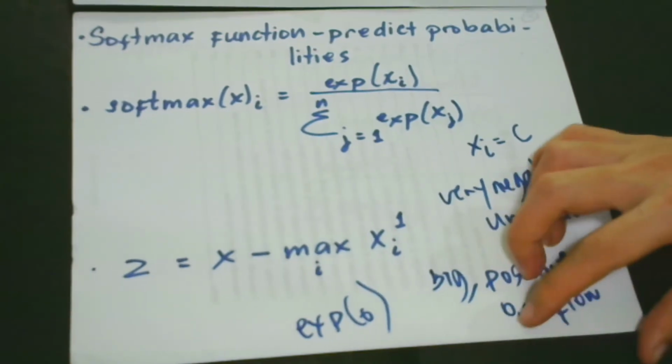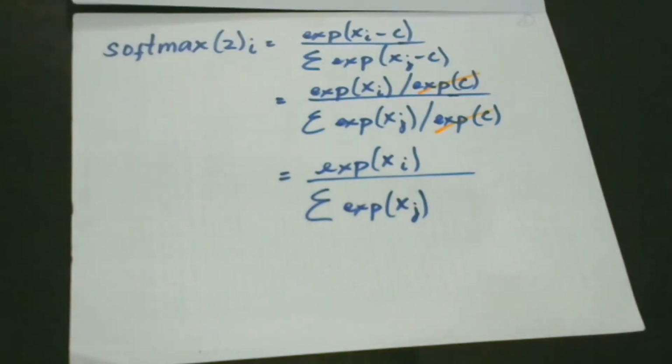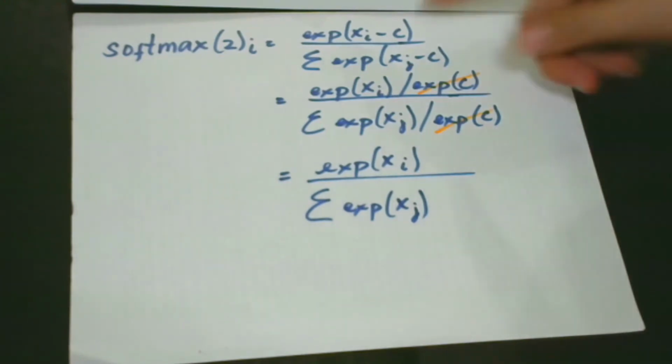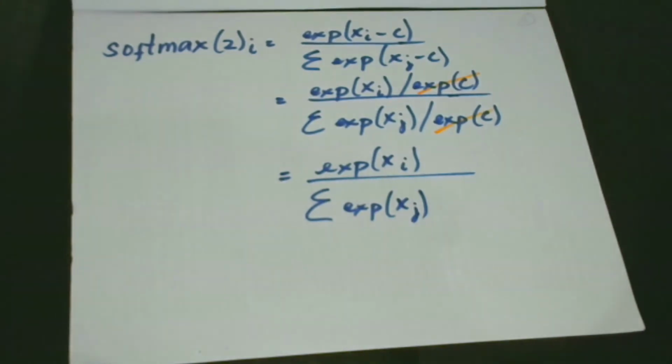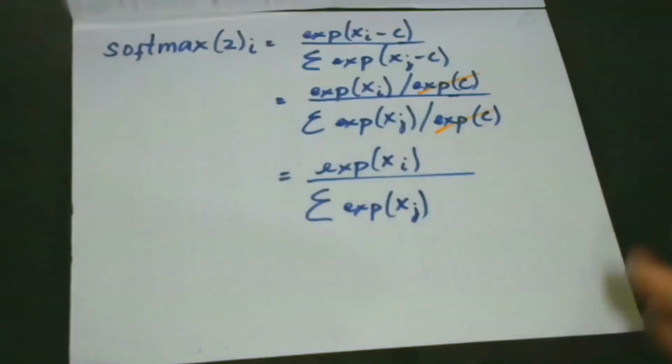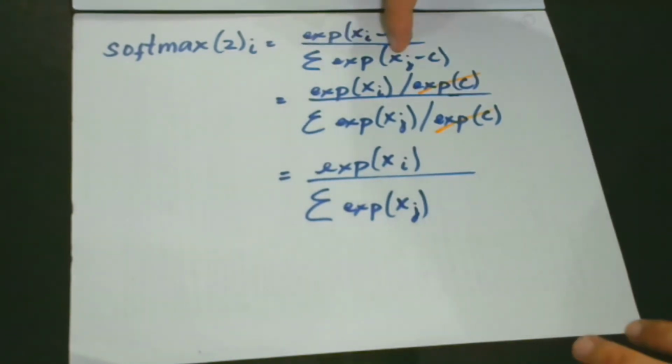To understand what I'm talking about, let's have this. Softmax of zi is equal to the exponential of xi minus c over the summation of exponential of xj minus c. As you could see, we have added the constant c here, and we subtract c from xi. So it's still the same case, right?